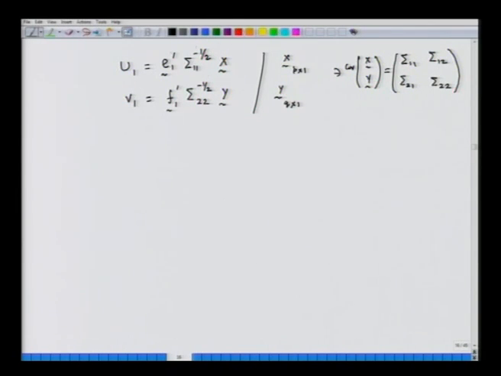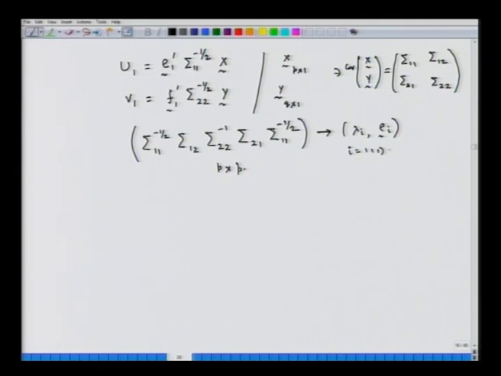We had derived it of this particular form, wherein we consider this matrix, which was sigma 1 1 to the power minus half, sigma 1 2, sigma 2 2 inverse, sigma 2 1, sigma 1 1 to the power minus half. So, considering this matrix, which is a p by p matrix, its eigenvalue eigenvector pairs were denoted as lambda i, ei, i equal to 1 up to p.